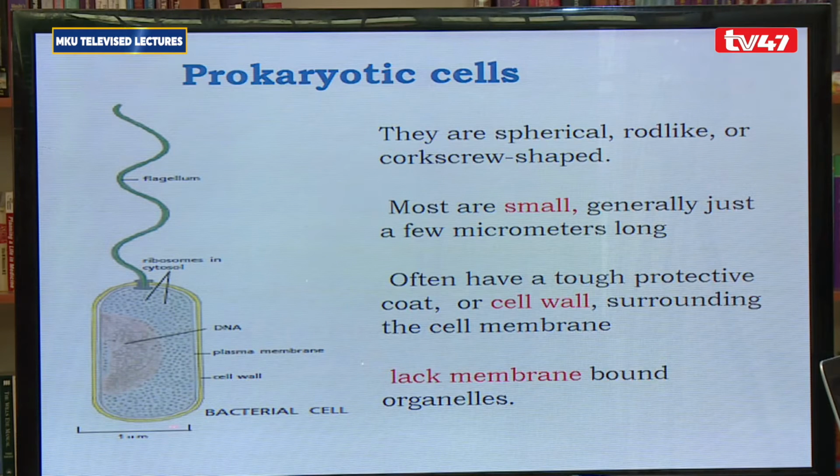Within here, you would find different organelles, as we're going to see with the eukaryotic cells, but in prokaryotic cells, these organelles are not bound by a membrane. Here, you have ribosomes floating in the cytosol. You can't see a clear boundary separating them from the cytosol.